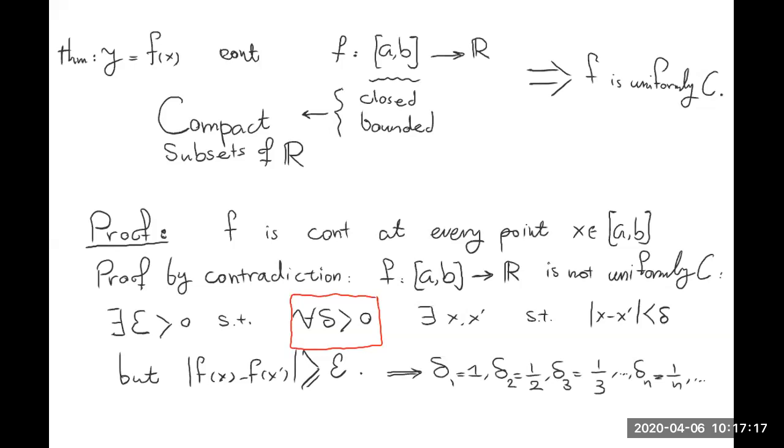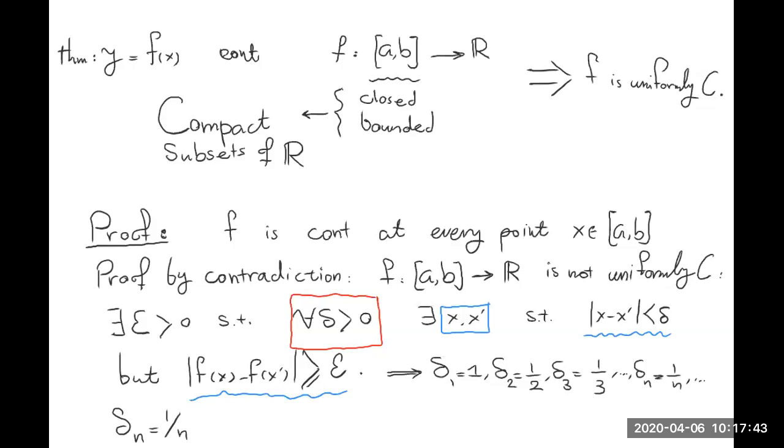So no matter which delta I choose, I can always find two points, x and x prime, such that they are closer to each other than delta, and the difference of the values of f at these two points is larger than epsilon.